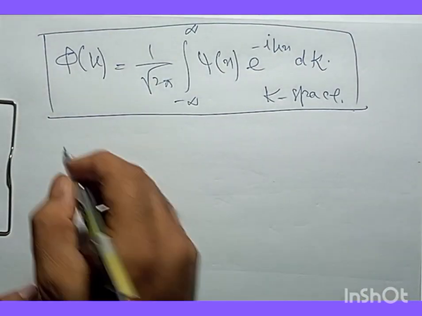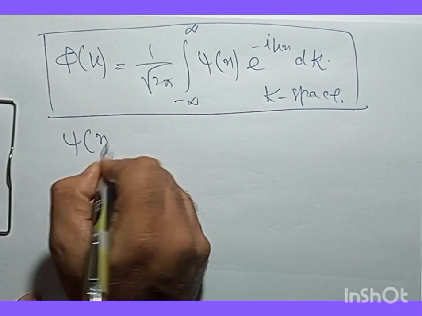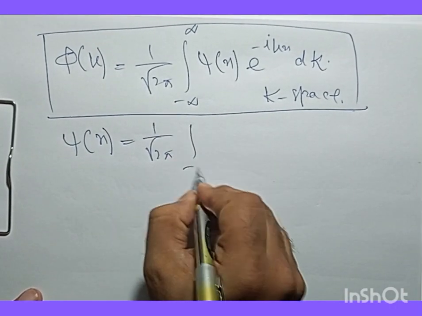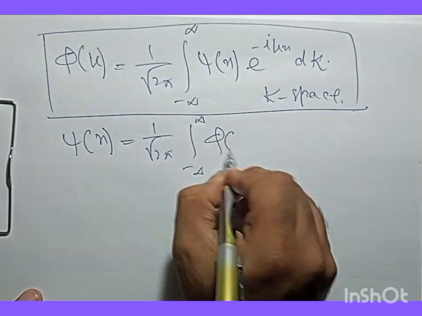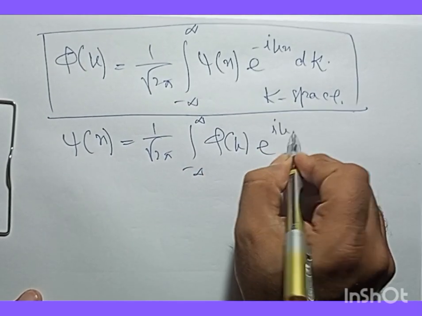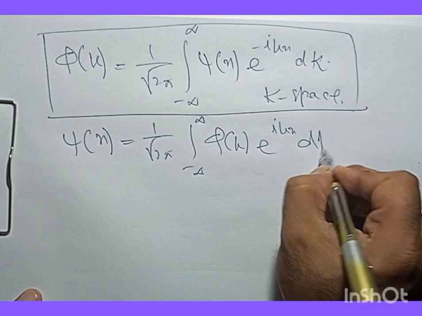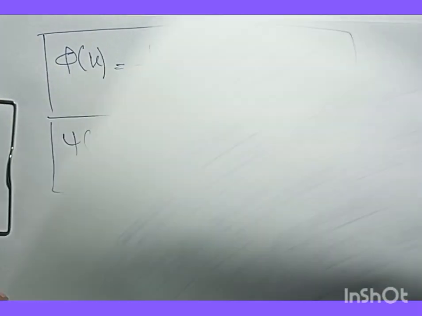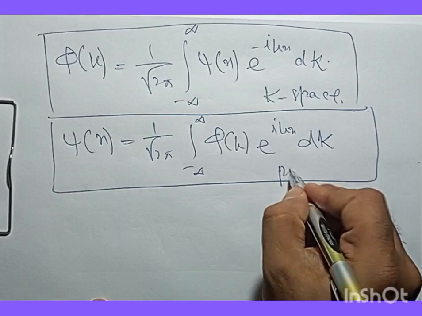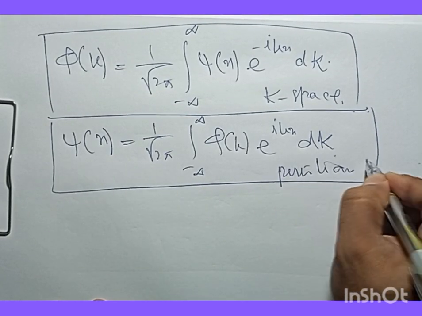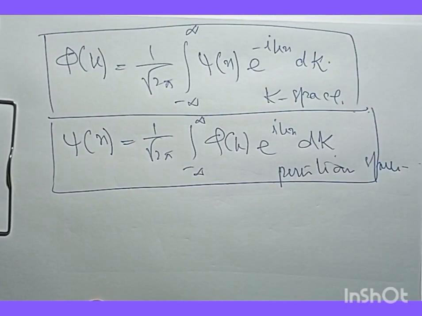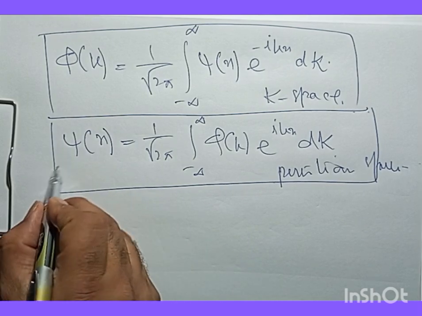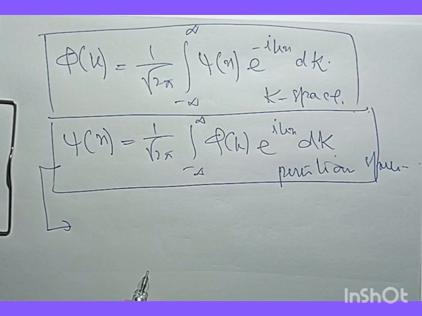And I have the wave function 1 by under root 2 pi, integral minus infinity to infinity, phi of k e to the power of i kx dk. Now this is my wave function in the position space.